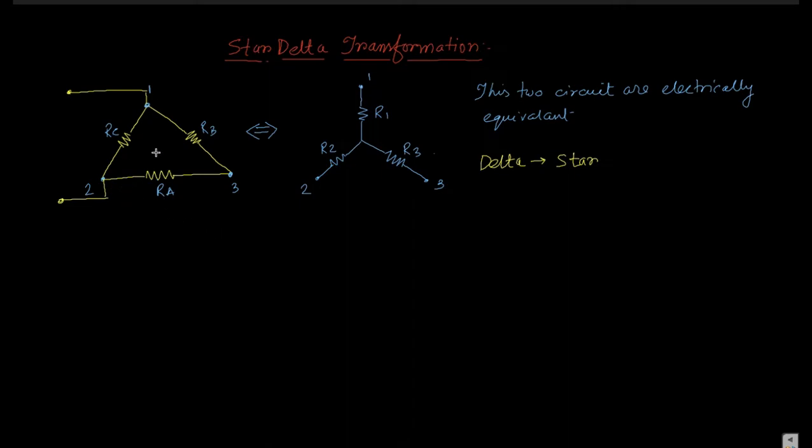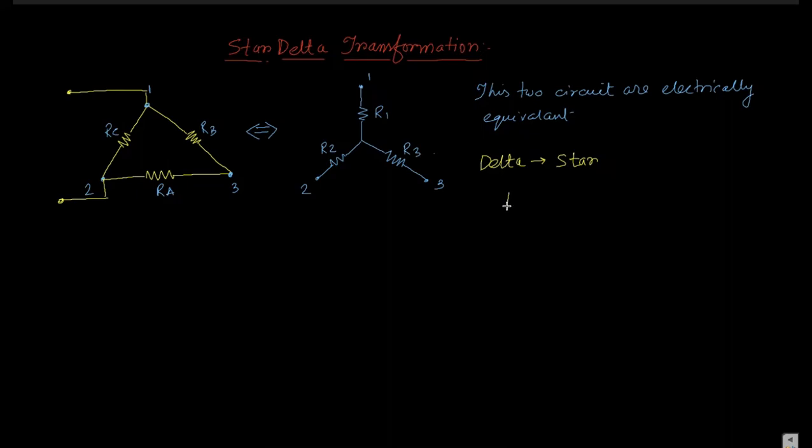For 1 and 2, if these are the terminals you connect, you can apply the series-parallel technique. Here current flows in and some current is divided in this branch. So RA and RB are in series, in parallel with RC.